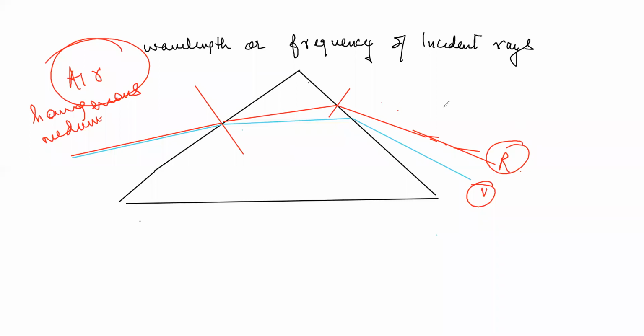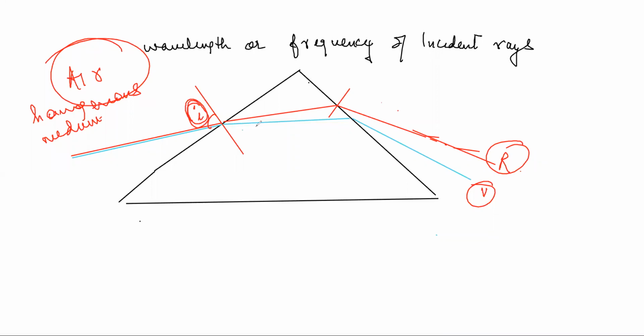So all the 7 colors of this white light. Say here is white light. So I got multiple colors traveling, all reaching the prism at the same angle of incidence.